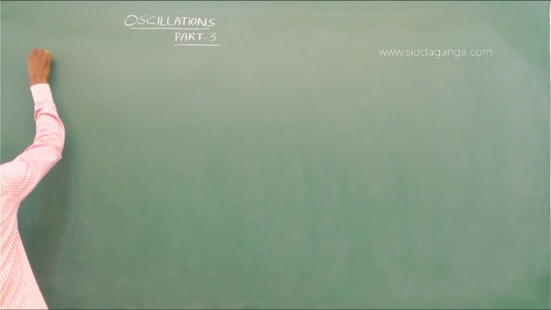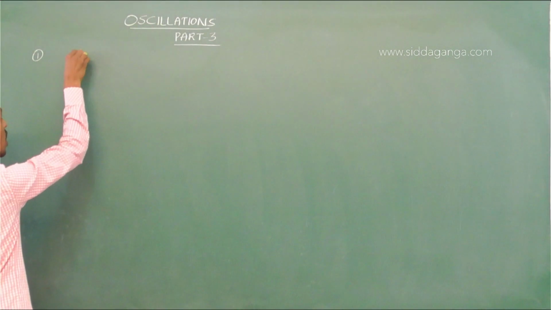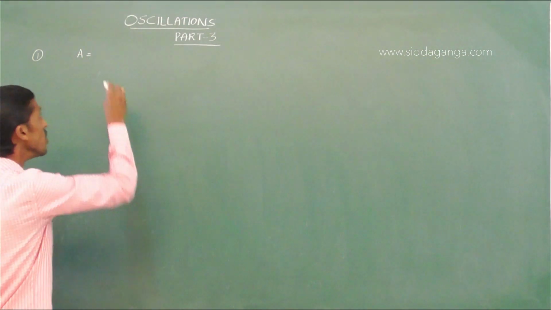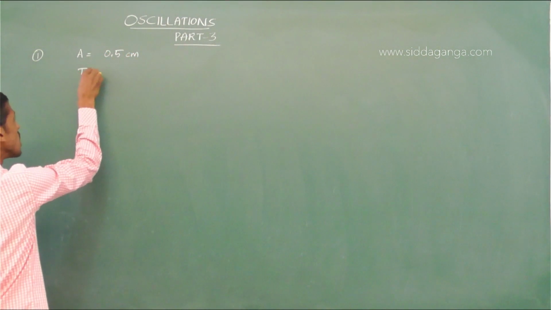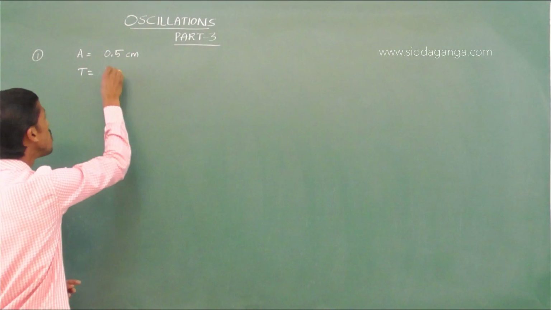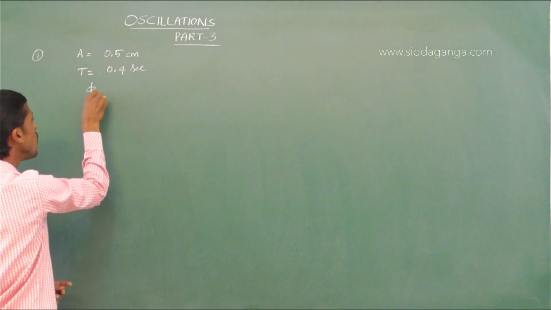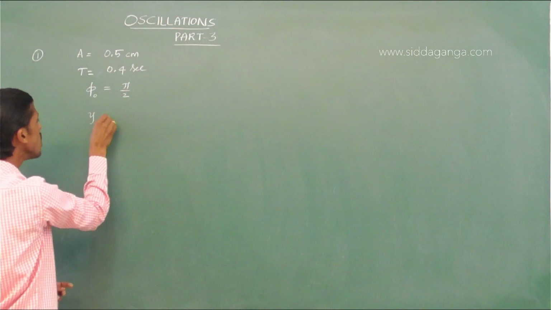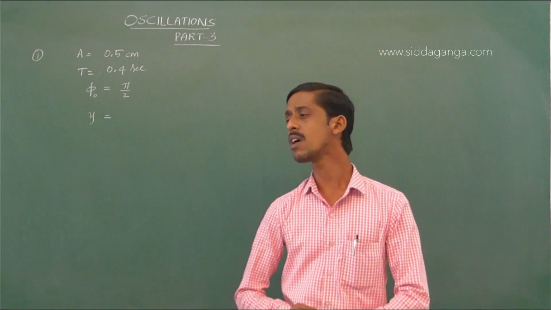So first, the amplitude of the particle is 0.5 centimeter. Time period is 0.4 seconds. Initial phase is pi by 2. What is the equation of SHM?